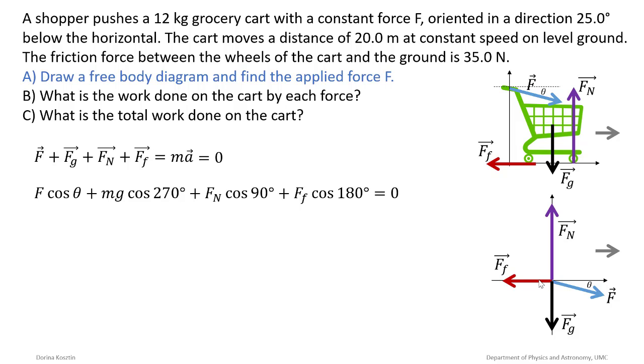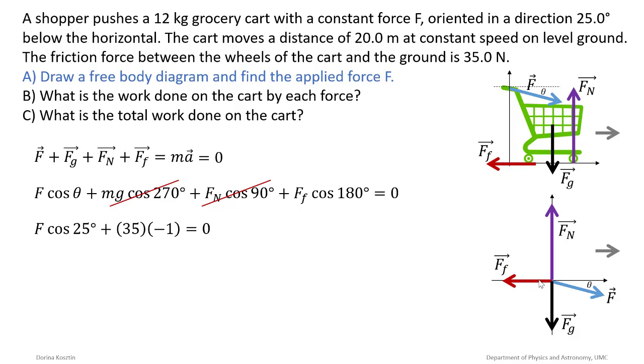Now, don't forget that cosine of 270 degrees is 0, so this goes away. Cosine of 90 degrees is also 0, and it goes away. And we are left with F cosine theta plus, we have the value of the force of friction as being 35 newtons. And we know that cosine of 180 is minus 1. So the equation will be as shown here.